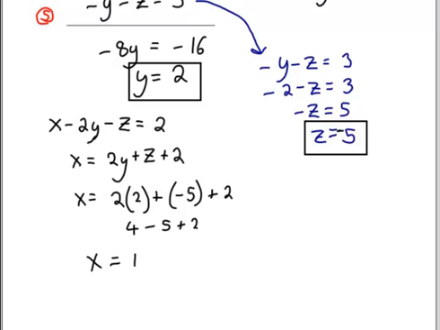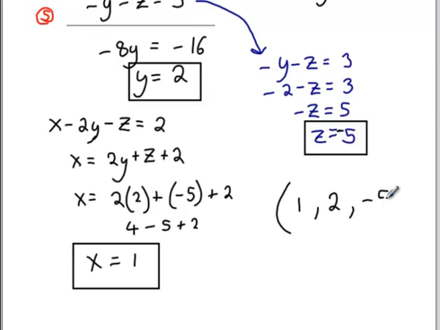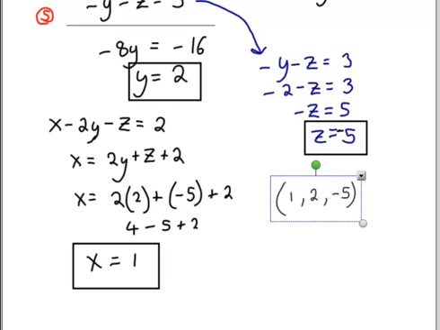That's my last unknown. And now the very last thing, and this is an important step, is to make sure that I did it right by checking my answer. So I have x is 1, y is 2, z is -5. It's very easy to make a mistake here. So make sure that you're checking your answer.